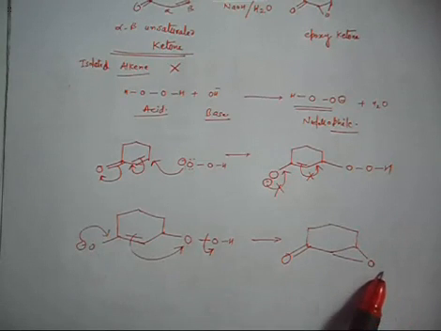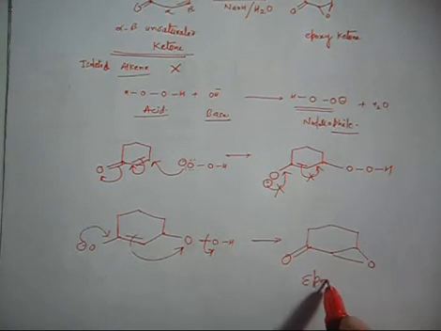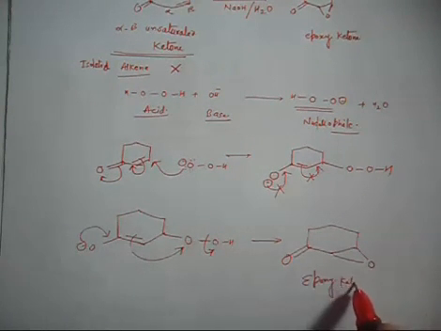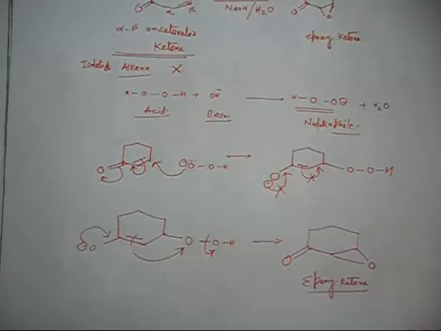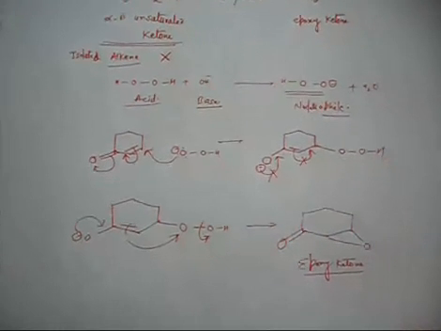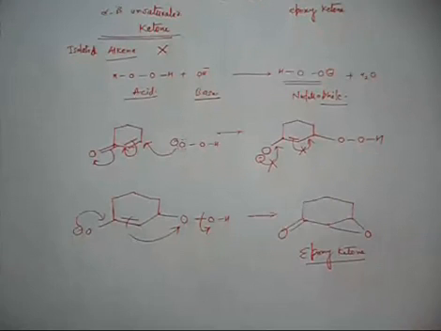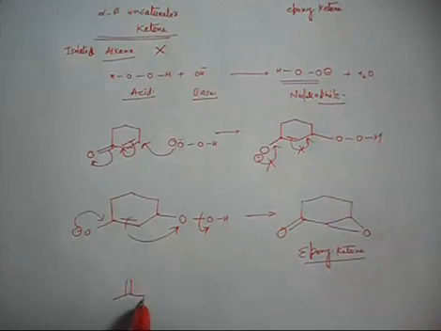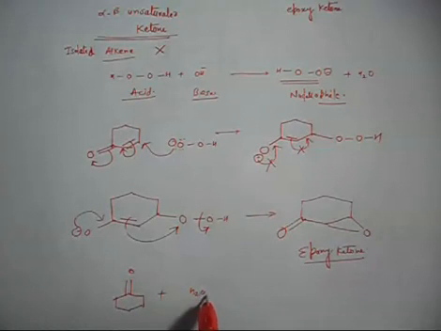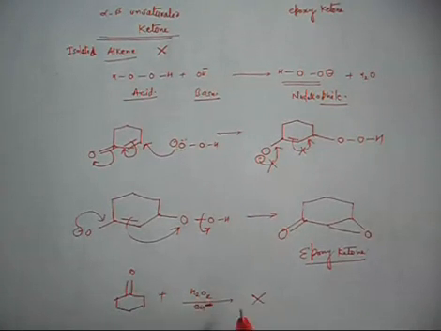This product is an epoxy ring with a ketone, so you can call it an epoxy ketone. The epoxy ketone is formed when you have an alpha beta unsaturated ketone. This is not possible if you have simply a ketone. If you treat this ketone with H2O2 and OH minus, there is no reaction in this case.